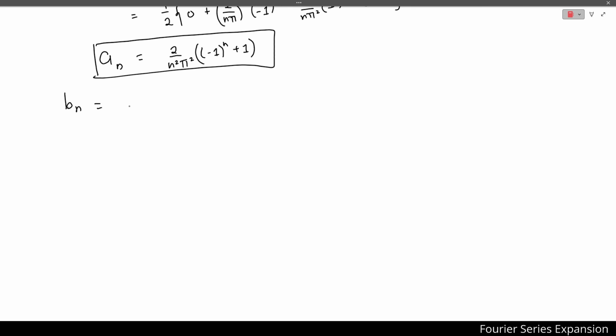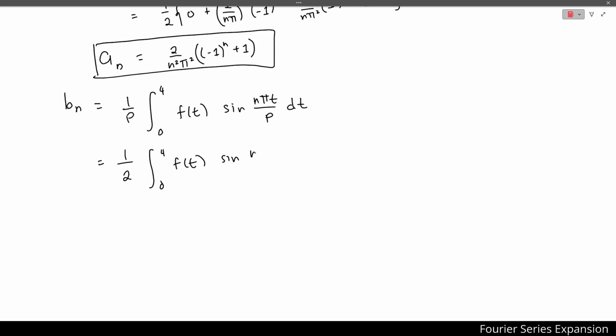B of n, similar din sa a of n, 1 over T integral of 0 to 4 f of t, but instead of cosine, it's now sine n pi t over 2. So, 1 over 2, integral 0 to 4, t sine n pi t over 2.